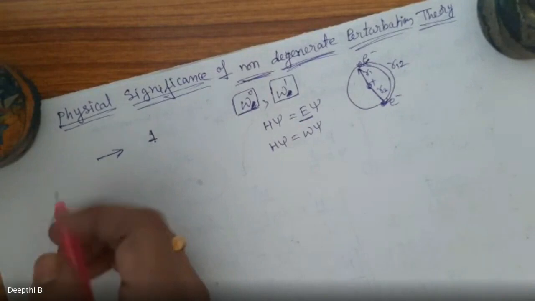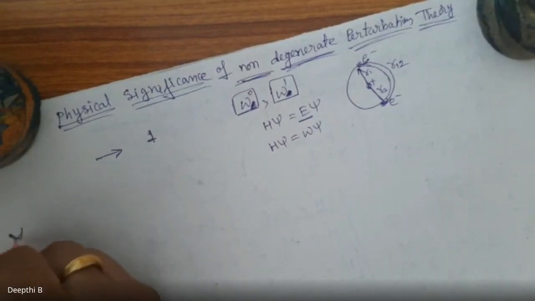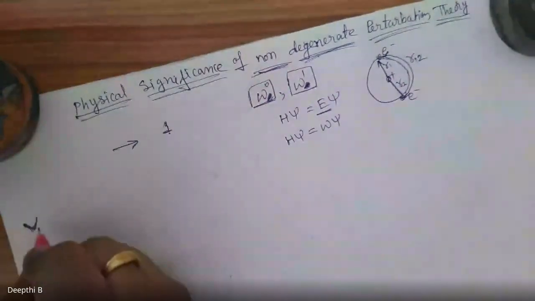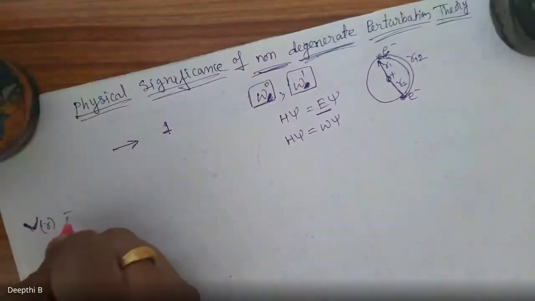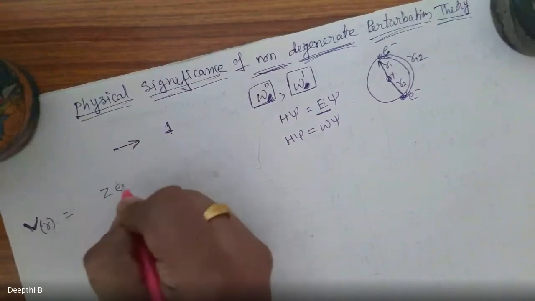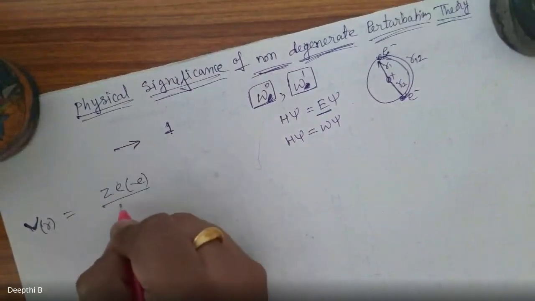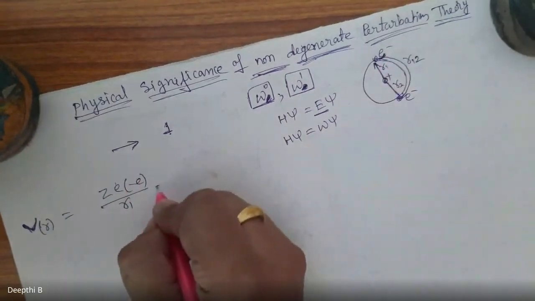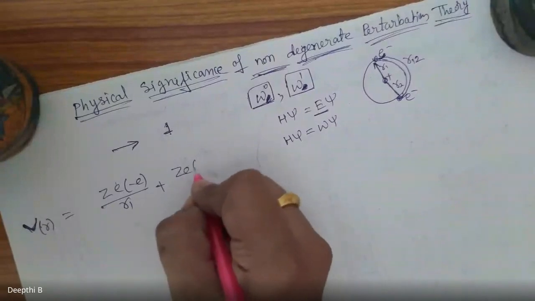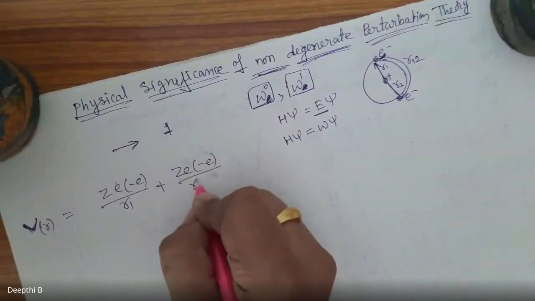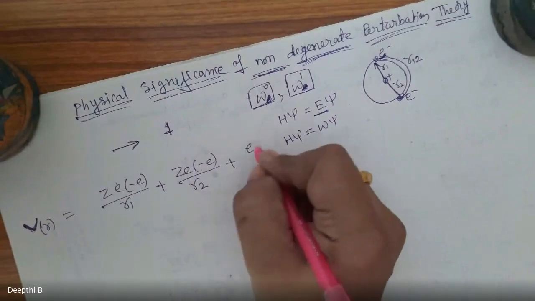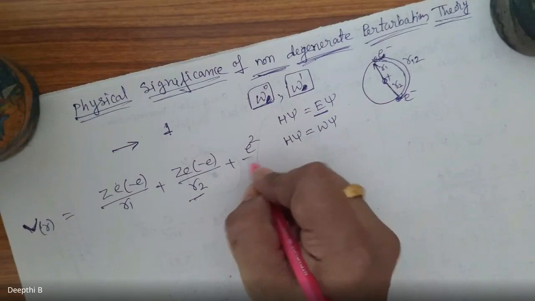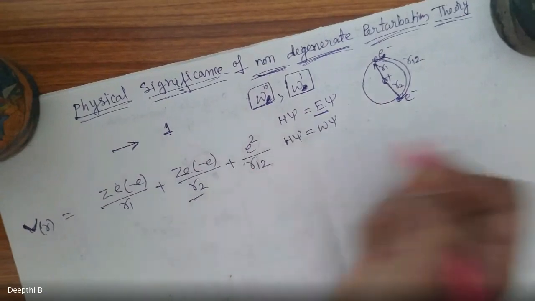So the potential energy is denoted by V. Vr is equal to Z e into minus e divided by R1, it is for the first electron. Plus Z e into minus e divided by R2, it is for the second electron, then plus e square divided by R12.